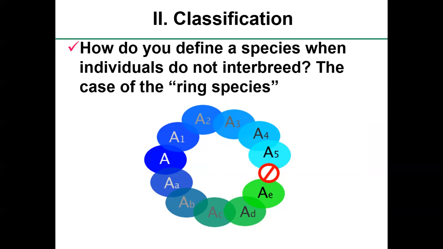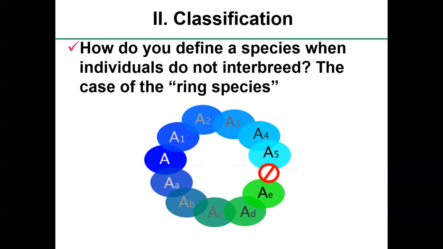Now, how do you define a species when the individuals don't interbreed, but they all stem from one population? This is known as a ring species. This is a really interesting example of how complicated the species concept can quickly become. So let me show you on this schematic what I'm talking about.